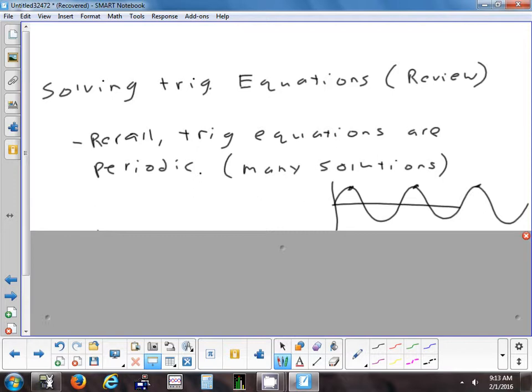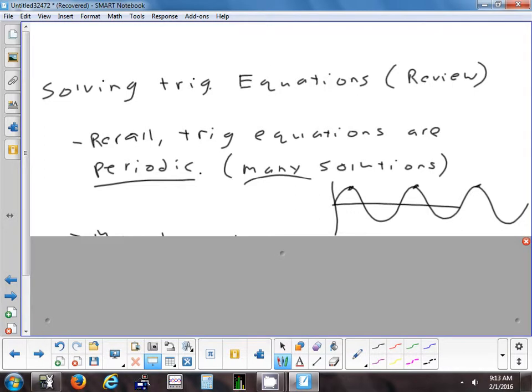It keeps hitting 1 forever. In fact, it'll hit any number between -1 and 1 forever, going left and right. So if you have one solution, you automatically have many. And how often do they reoccur? Yeah, it's every period. So for sine and cosine, the period is usually 2 pi.